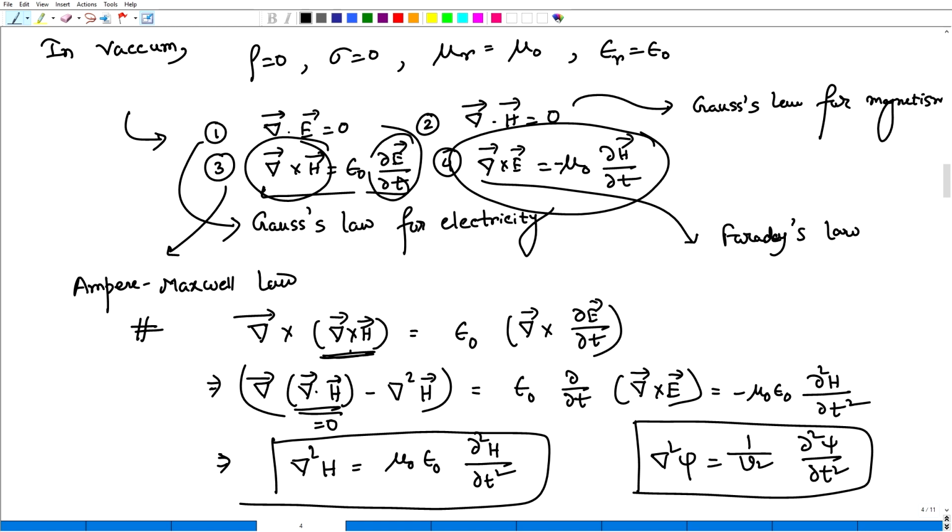So, then we can relate the two equations and we can see that v should be 1 over root of mu naught epsilon naught in vacuum. We are considering this as electromagnetic radiation, and light is also electromagnetic radiation. So, generally it is written as c instead of v. This is the speed of the light.